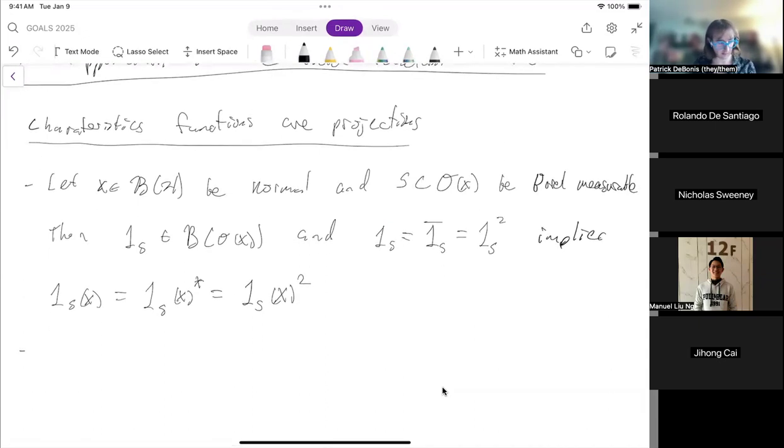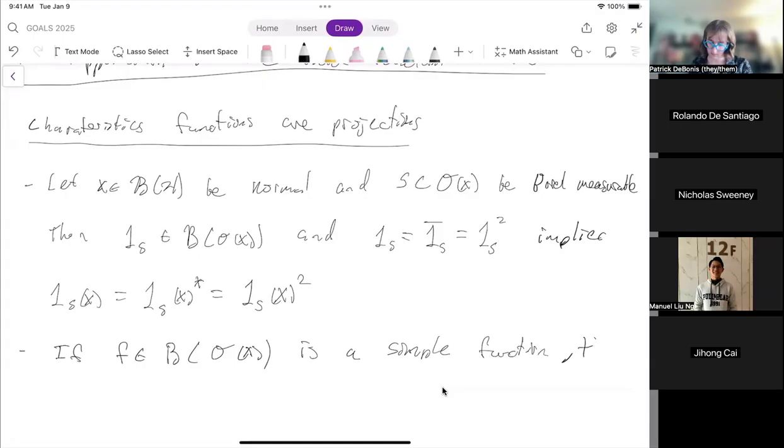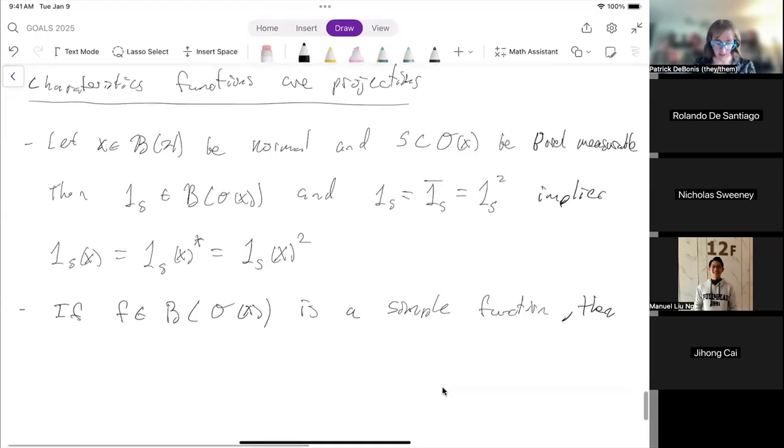And moreover, if you start with a bounded Borel function that is simple, so just a linear combination of characteristic functions, then the operator f of x is a linear combination of projections.